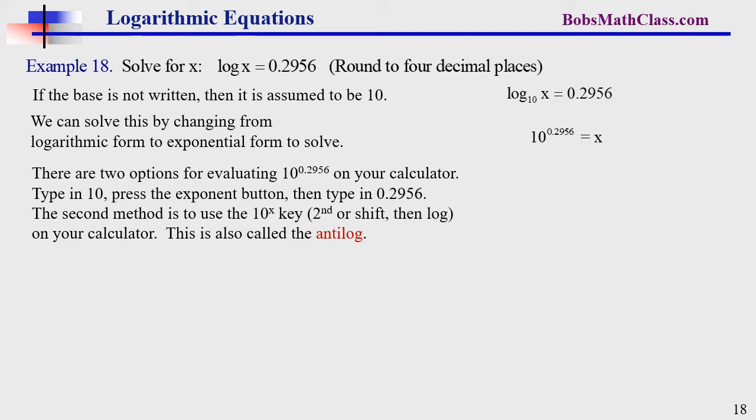On some calculators, there's a log button, and above that log, there's a 10 to a power already there. You might see that on your calculator. It's called an anti-log. It's another name for it. Anyways, whichever way you feel comfortable doing it. So you could hit the shift and then your log button, and there's a 10 there. All right, type that in, and you should get 1.9751.